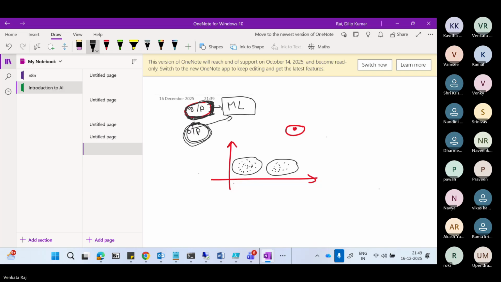Okay, so this was unsupervised machine learning. One more example I'll give you on unsupervised machine learning is anomaly detection.